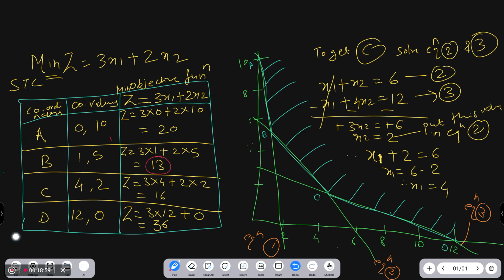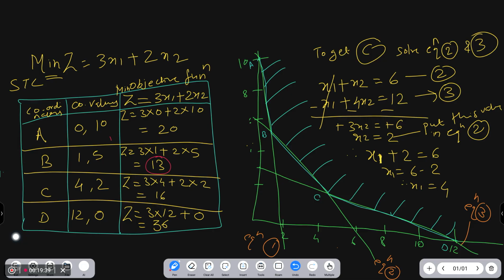So what is the conclusion of this problem? The minimum value of the objective function z is equal to 30 at extreme point B (1, 5).